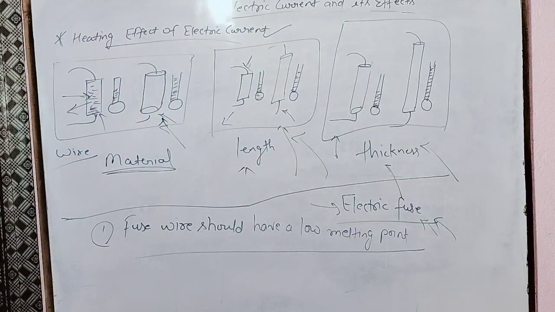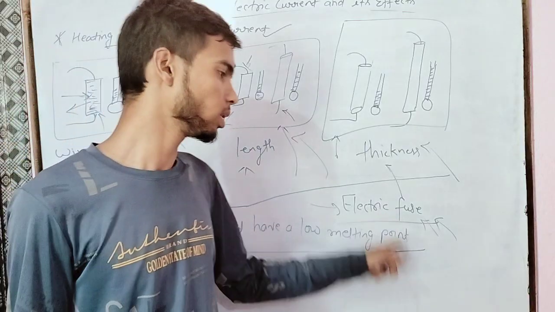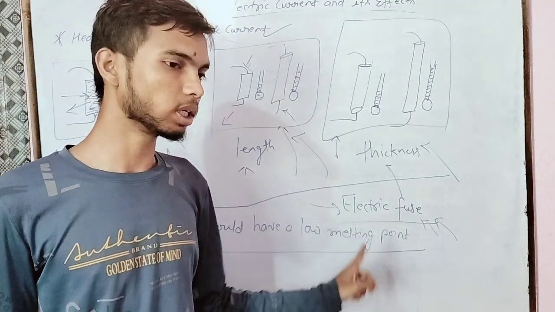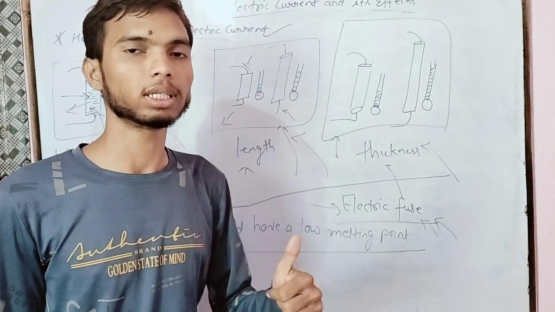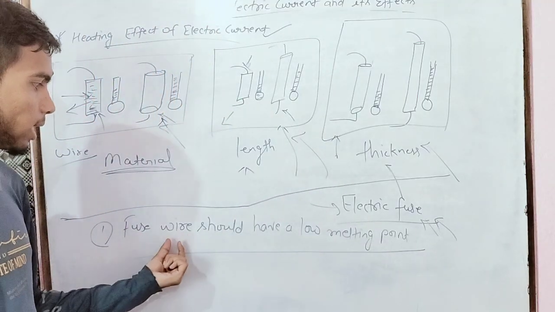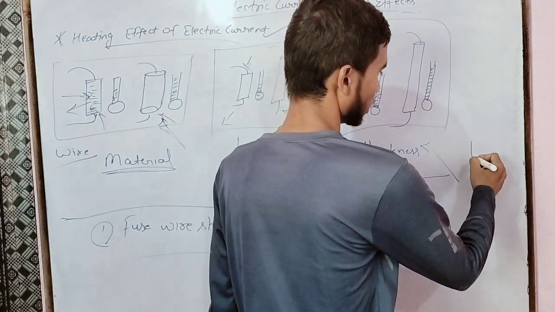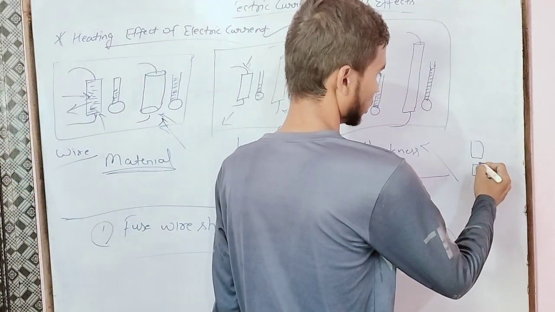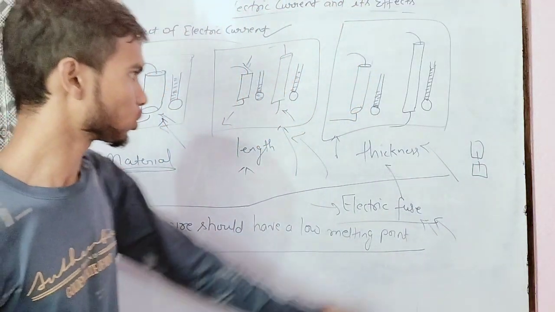You can take it as a question. Fuse wire should have a low melting point. This is an electric fuse; it is not a fuse wire. In an electric fuse there is a fuse wire, and the electric fuse is made like that. There will be a wire.